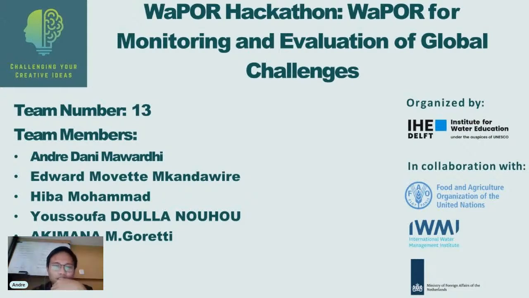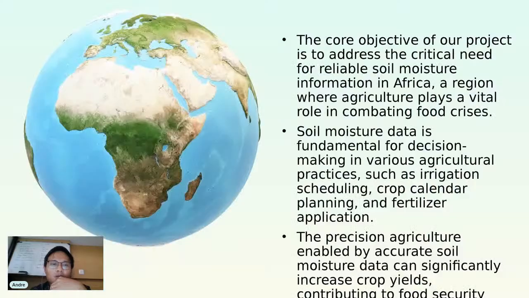The last year's theme was WaPOR for monitoring and evaluation of global challenges. So we defined our objective to address the critical need for reliable soil moisture information in Africa, a region where agriculture plays a vital role in combating the food crisis.